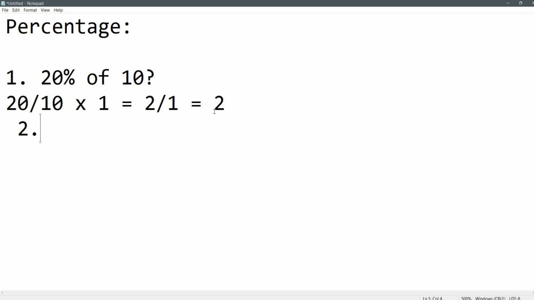Over here I have another question for you. Let's now make it 30% of 50. So what is the answer? I want you to also solve all these kinds of questions, because these are quite simple, as you're able to see, and I have already solved one of them.